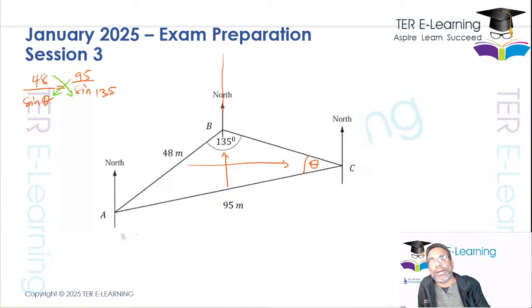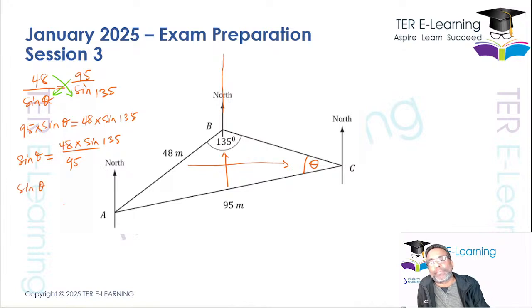Therefore, 95 by sine theta is equal to 48 by sine 135. So sine theta is equal to 48 by sine 135 all over 95.